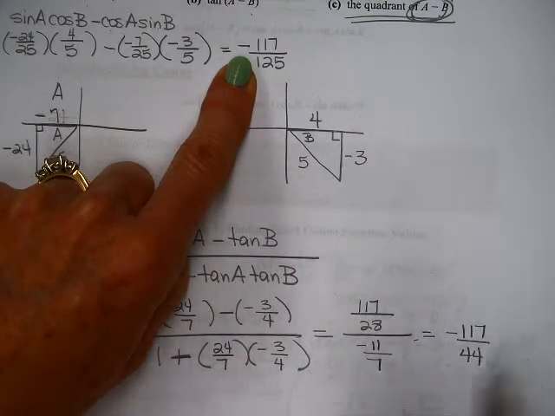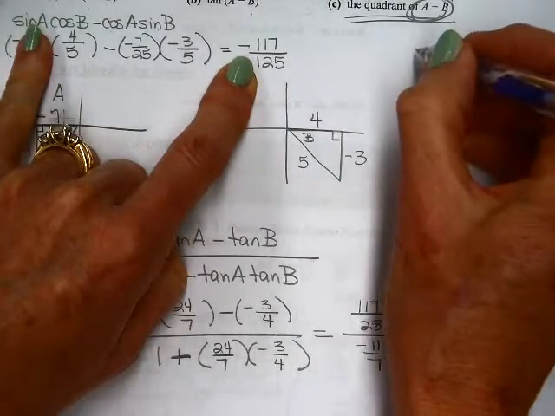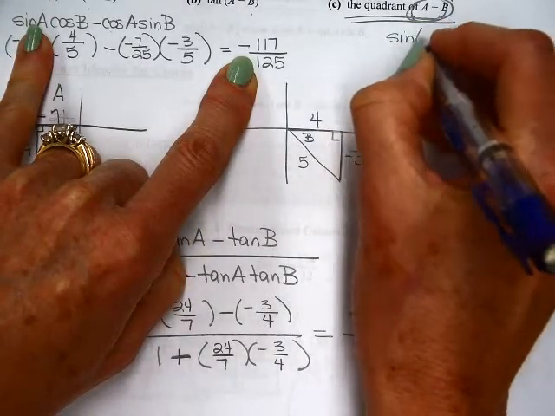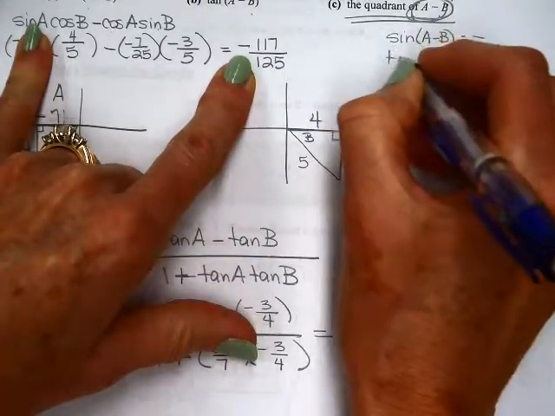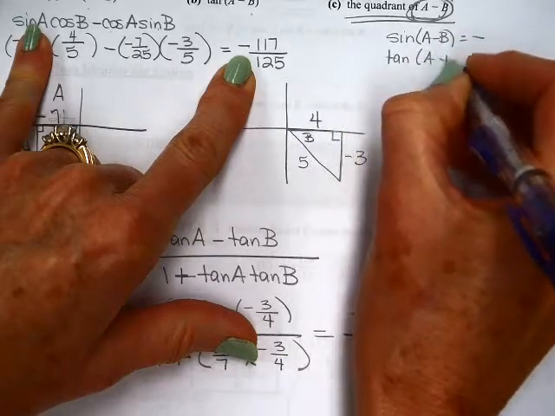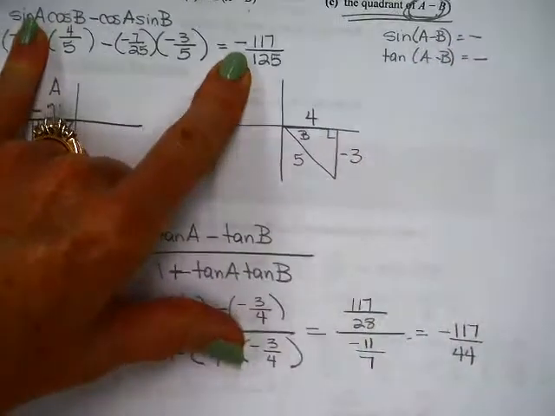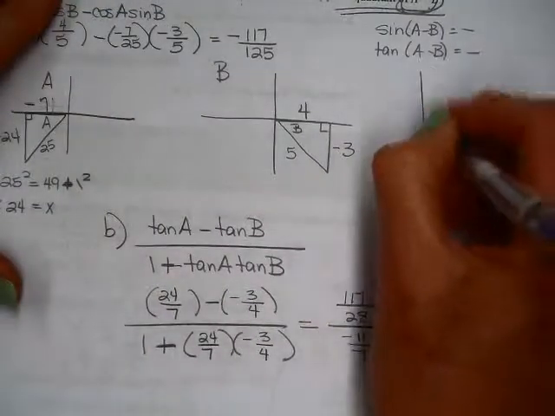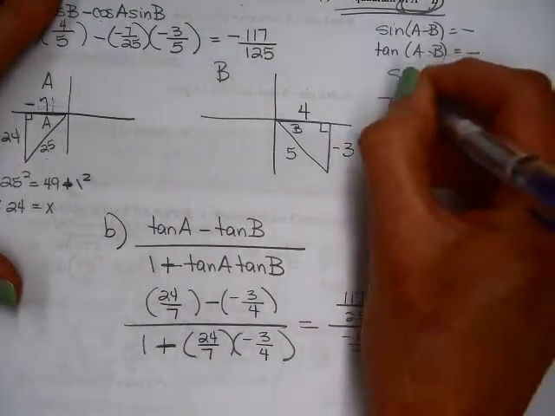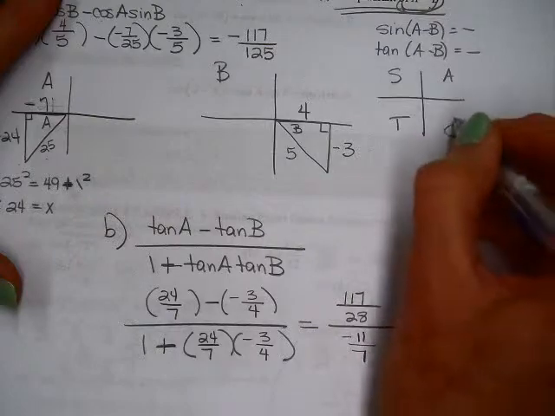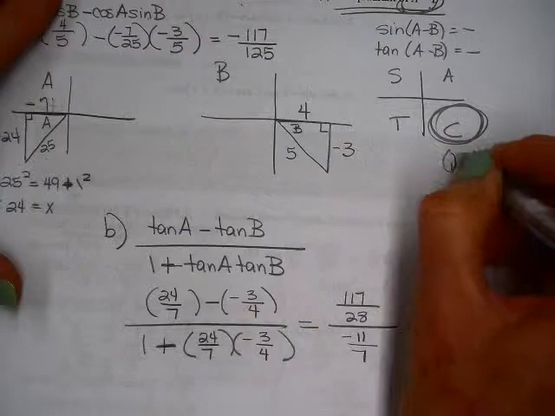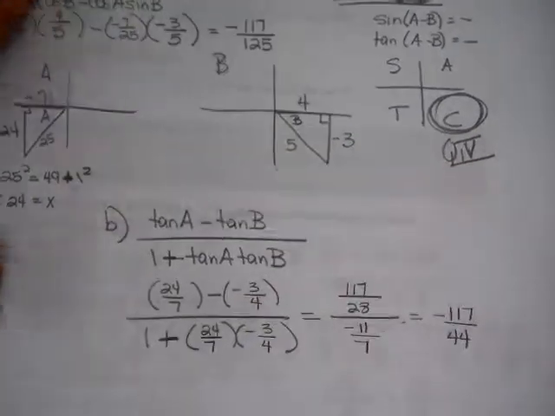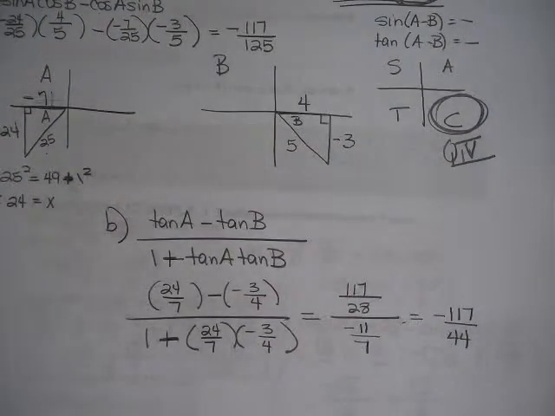The sine of angle A minus B is negative. You got the tangent of A minus B to be also negative. A smart trig class, quadrant 4. Does everybody know why it's in quadrant 4? Yes. Okay, good.